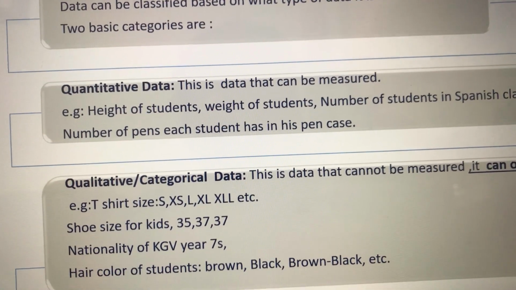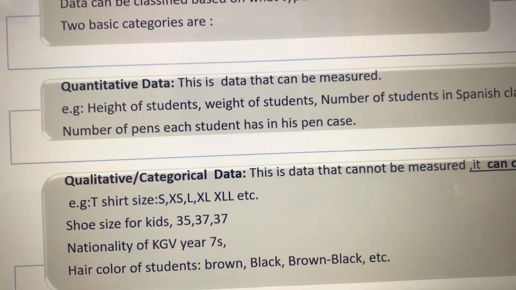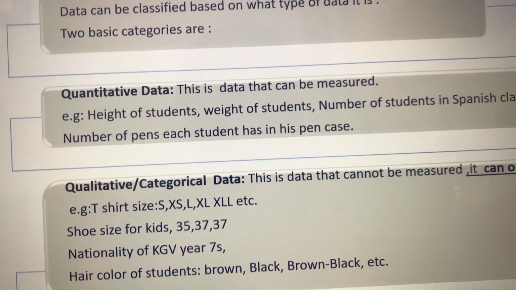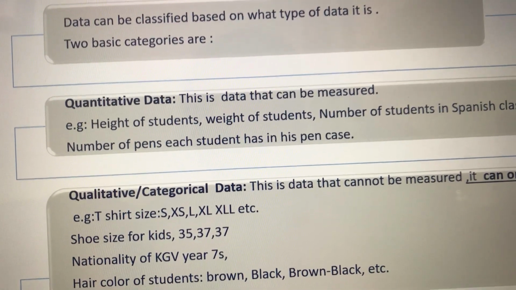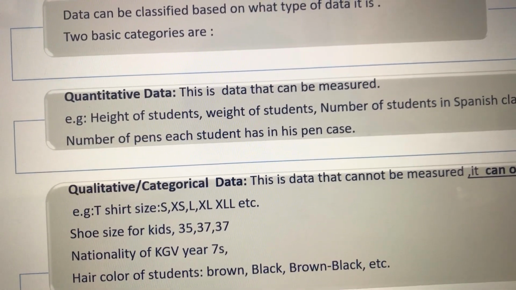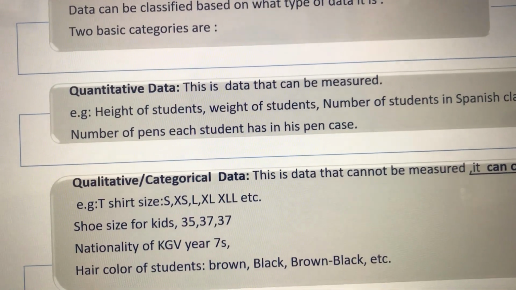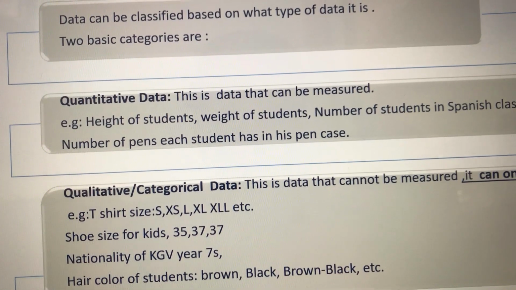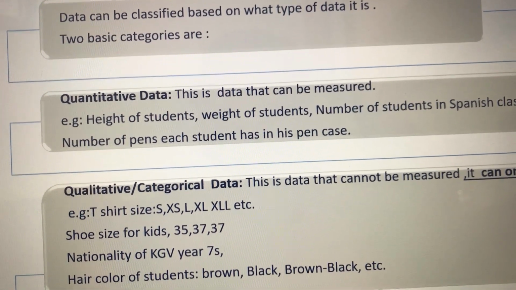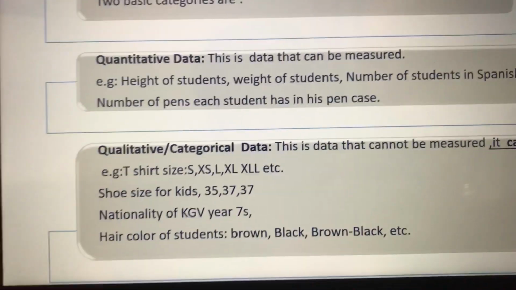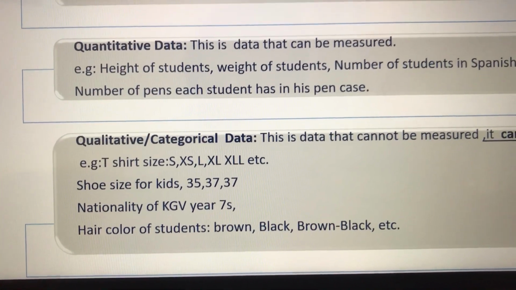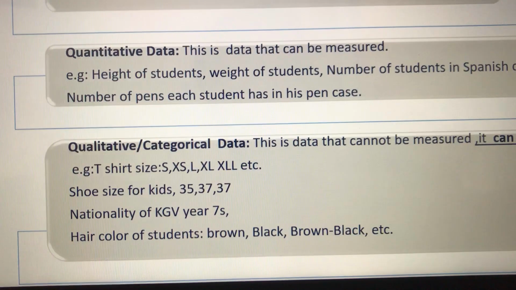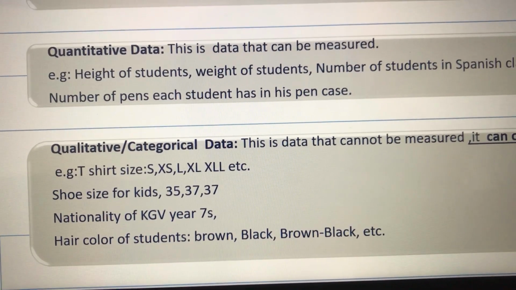Now you don't measure what S means and what XL means. They are defined by a label. Same way shoe size 35, 37, 38, or let's say category like you analyze year 7 students by nationality, or you want to analyze hair color of students. These days variety of hair colors we see on heads.